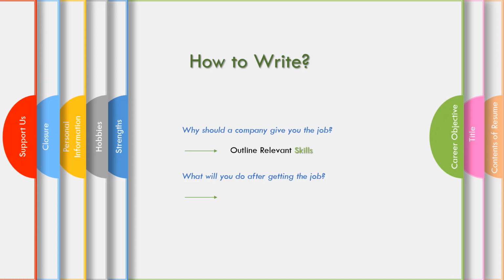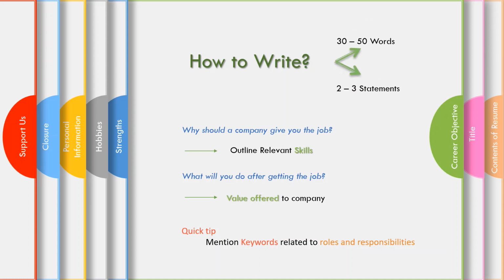And the next question will tell your HR what value you offer after getting a job. Now, I have a quick tip for you. Mention keywords in a career objective related to roles and responsibilities specified by the company. This way, career objective is framed in 2 to 3 statements with a minimum of 30 words to a maximum of 50 words.